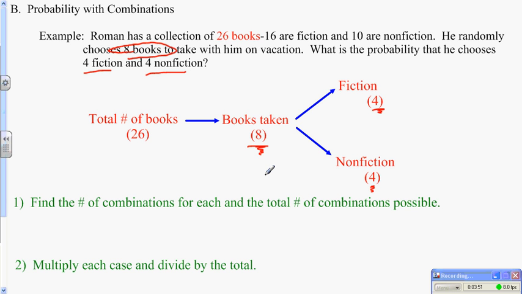To do this, we first say, how many combinations are there of having 16 fiction and choosing 4 of them? Again, there are 16 fiction. In nonfiction, there are 10, and we're going to choose 4 of them.